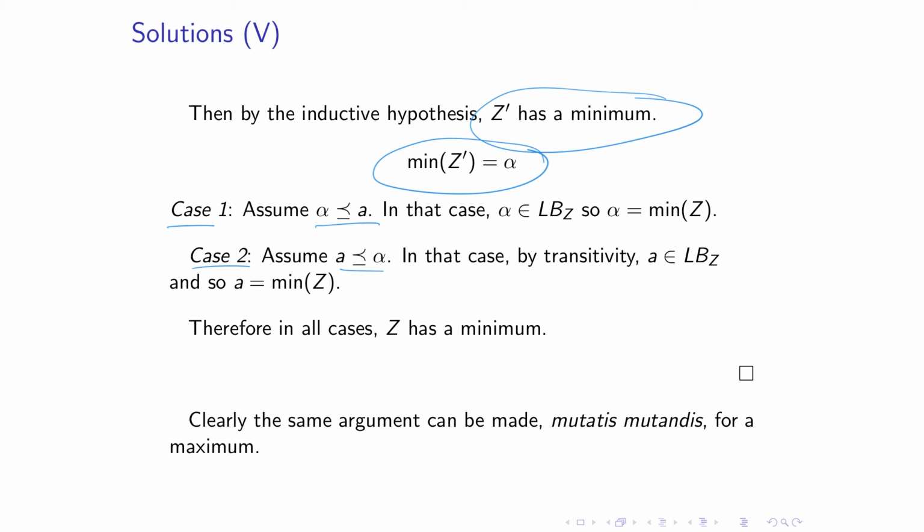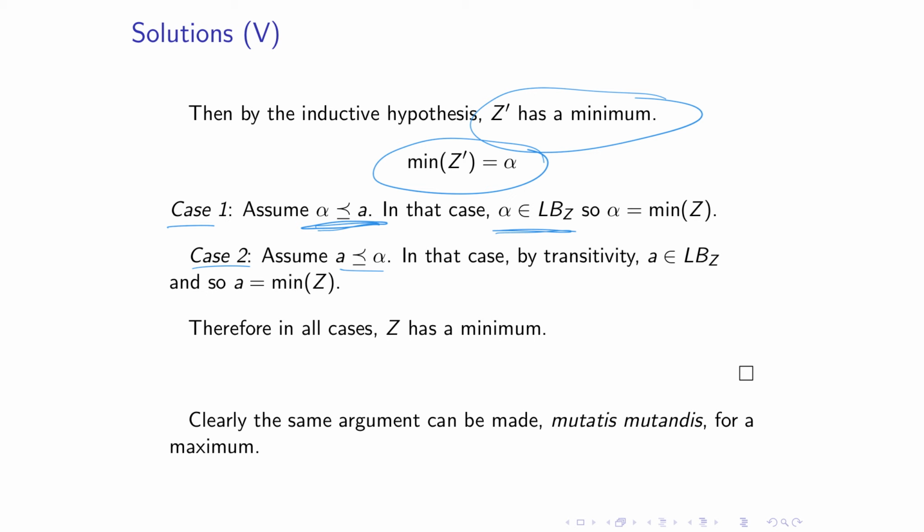But okay, now since we know that the ordering relation is a total ordering, then we can make this move, right? We can do this proof by cases. And so in the case where alpha precedes A, then we have that alpha is a lower bound on the set of all Z, because why is that?